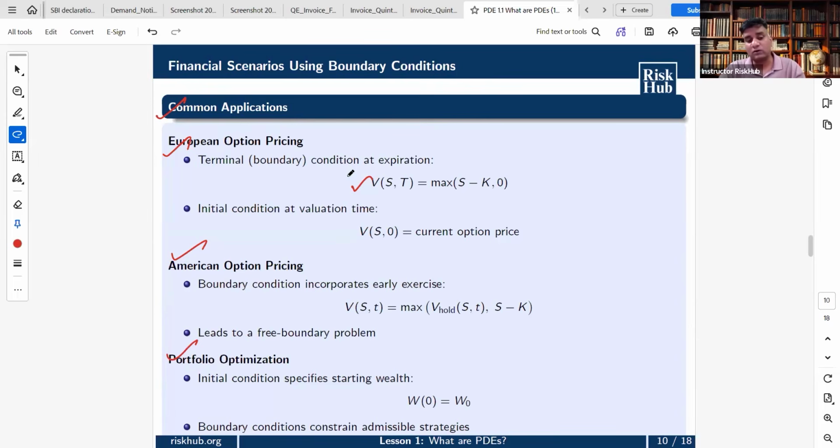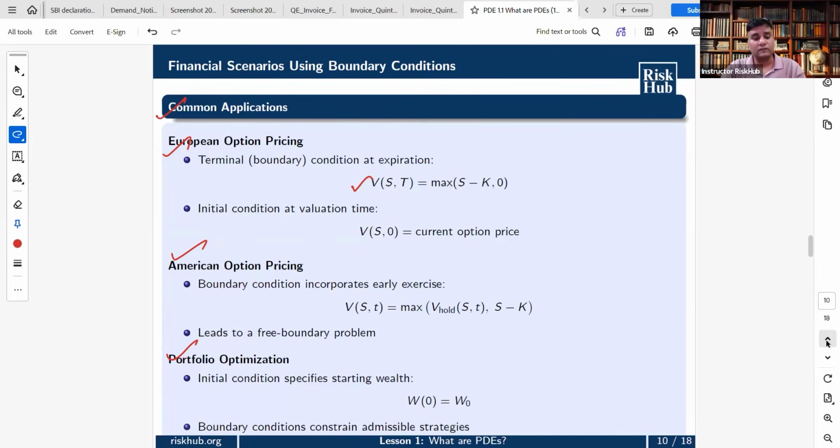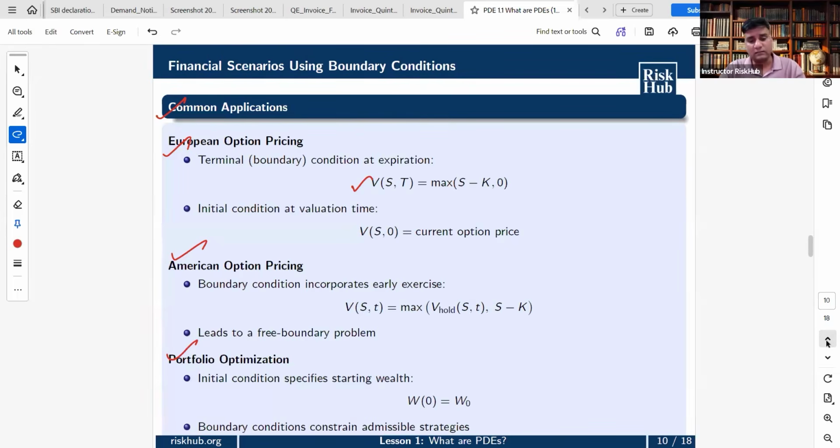And then we have interest rate models also, right? Where the initial short rate r0 is equal to r0, right? It is not given here, but please understand interest rate models are also one of the examples, a common application you can take.